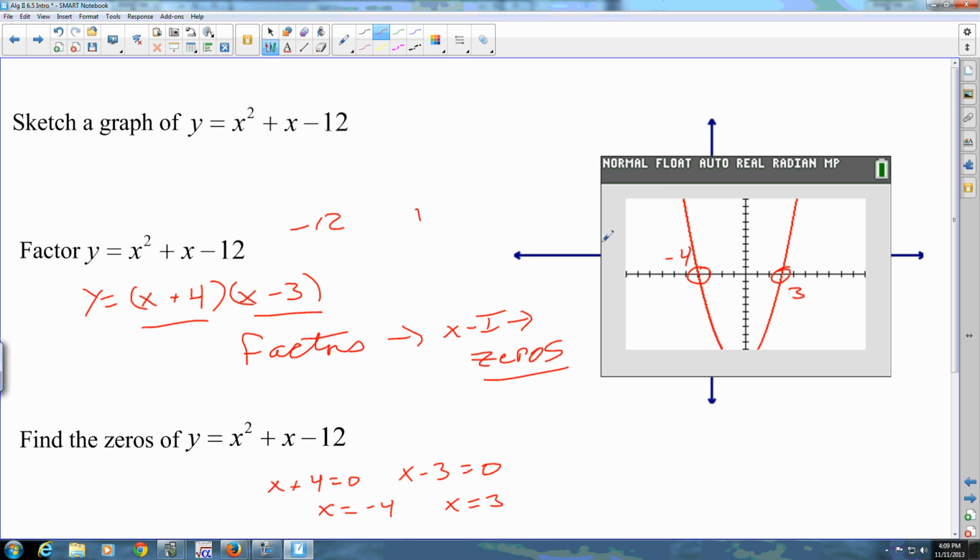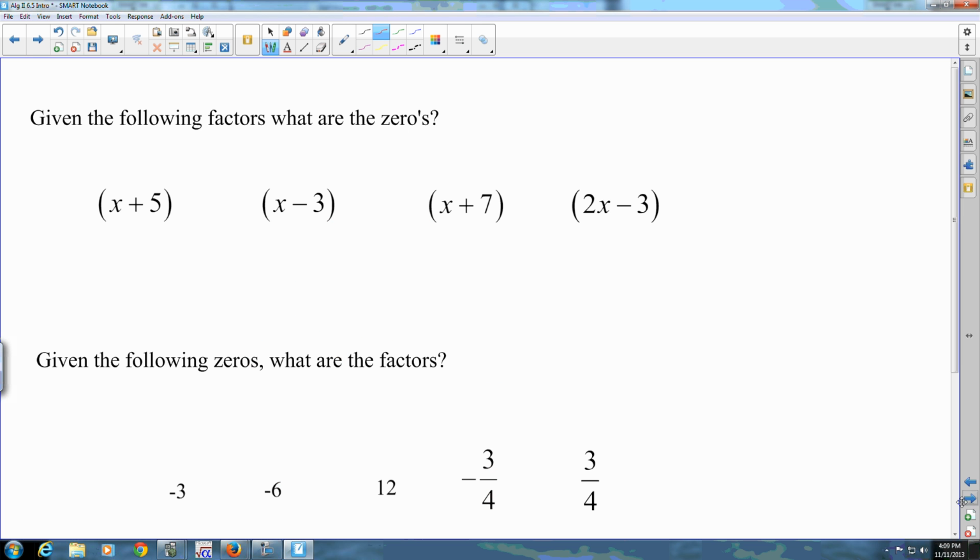Now notice, for ones as simple as this, when the leading coefficient is 1, aren't the zeros and the factors opposite? Well, why are they opposite? Because when you set the factors equal to 0 and solve it, to move this to the other side, I have to do its opposite. To move this to the other side, you have to do the opposite.